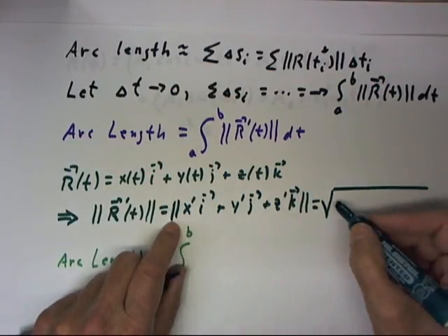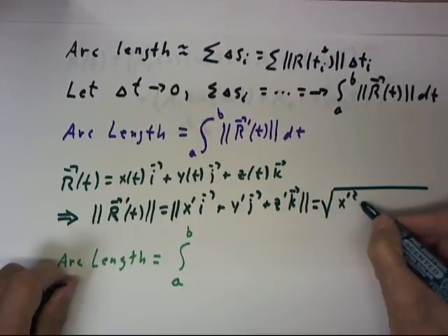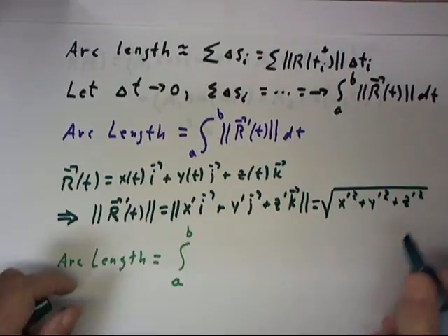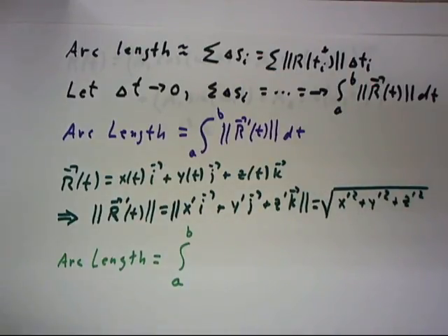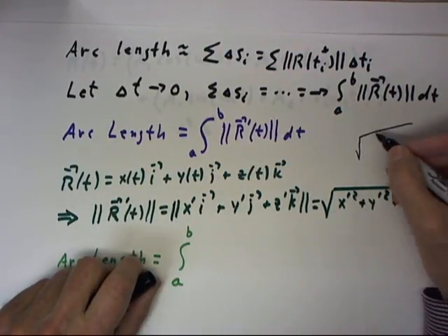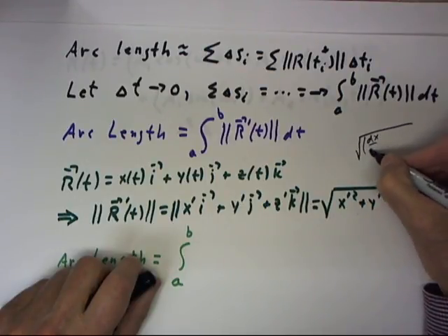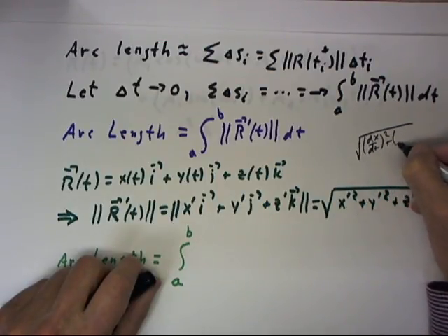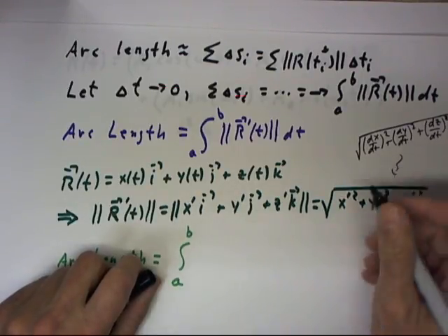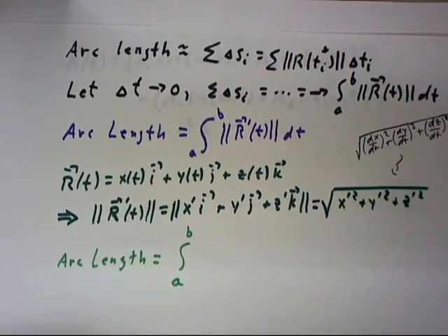And the magnitude of this vector is nothing but the square root of x prime squared plus y prime squared plus z prime squared. Now we'll often write that out, and most textbooks will write this out a little more explicitly, as the square root of (dx/dt) squared plus (dy/dt) squared plus (dz/dt) squared, but it has exactly the same meaning.